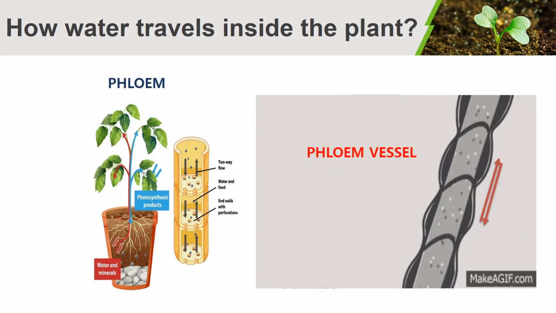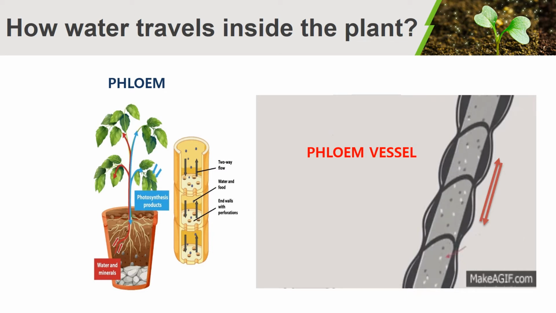The food prepared by the leaves moves upward and downward to all parts of a plant through phloem. In phloem, the food materials can move in both directions, upward and downward.